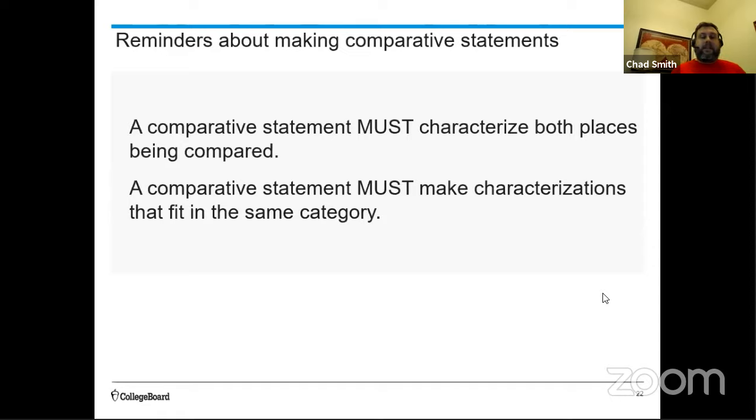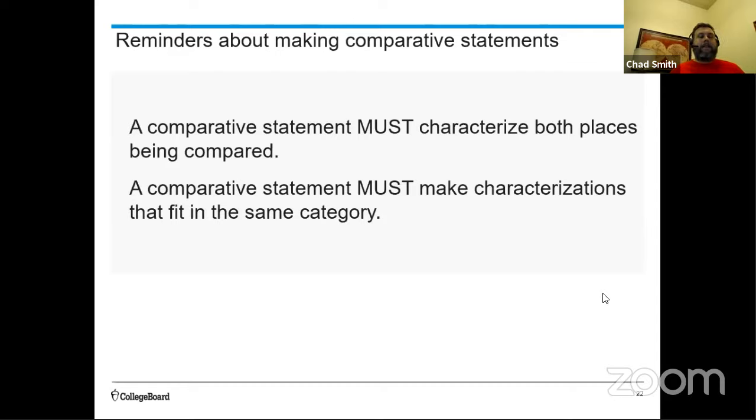See, Beyonce's gender is not in the same category as the number of people in the group BTS, and therefore it is not a comparative statement. I could say Beyonce is a solo artist while BTS is a group of artists.